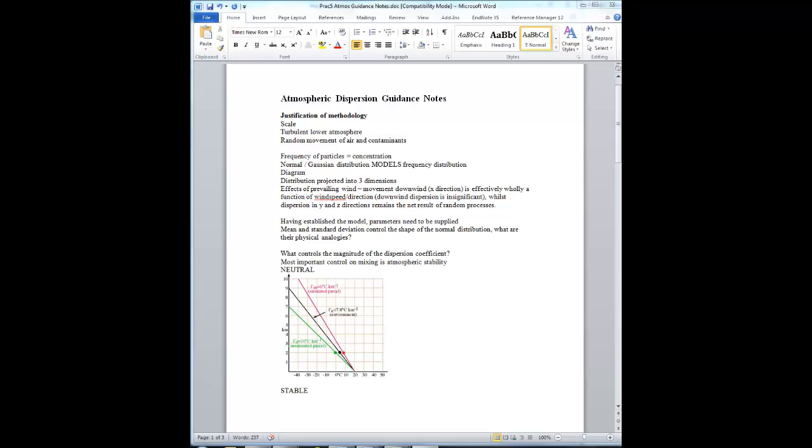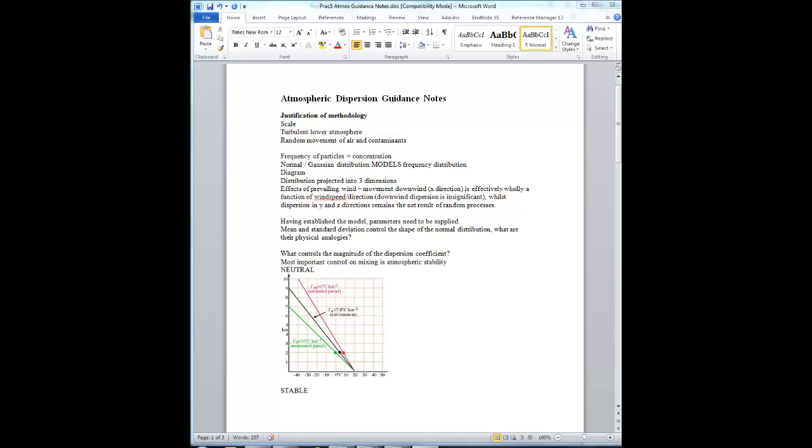So there's no wind blowing, but if you've got a contaminant released, then the distribution around it, the mean concentration, would be the highest concentration in the middle where the release had occurred, and then around that the concentration would drop off as you move further away from the emission source.